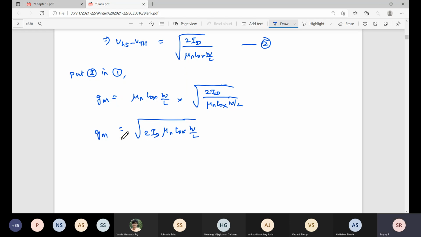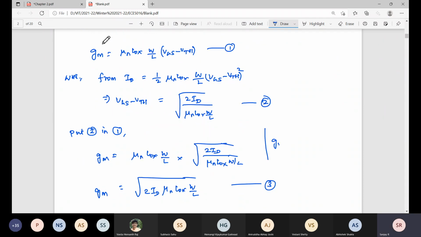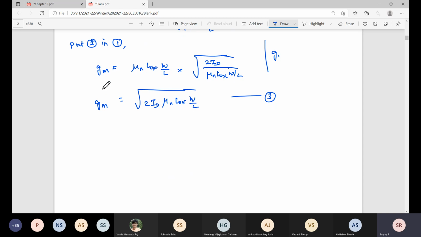So this is one expression for gm. By substituting VGS minus VTH into the known expression, we get the other expression.